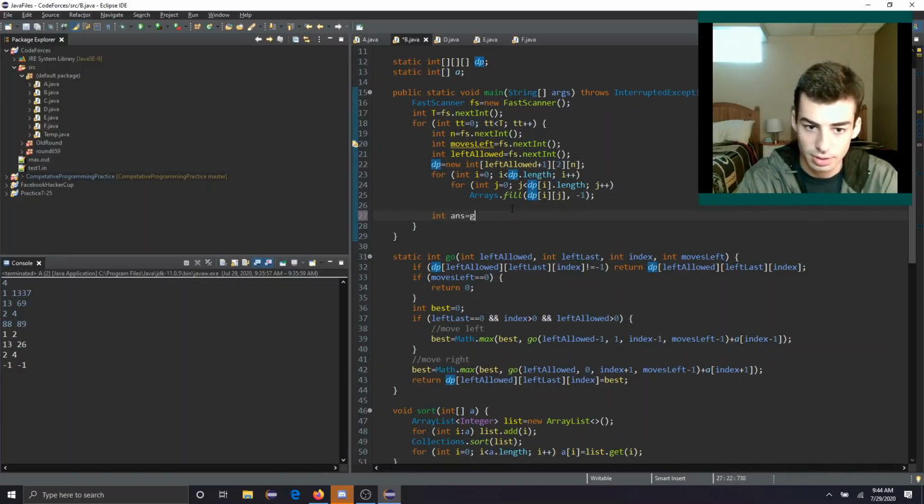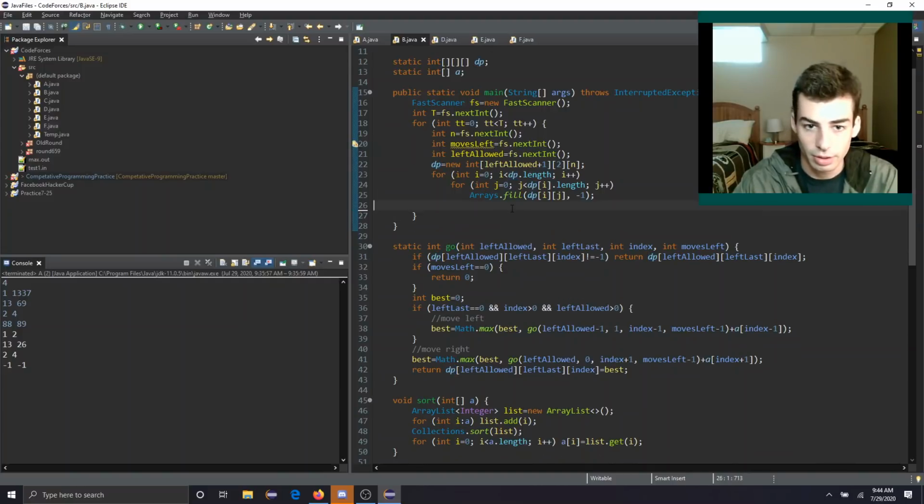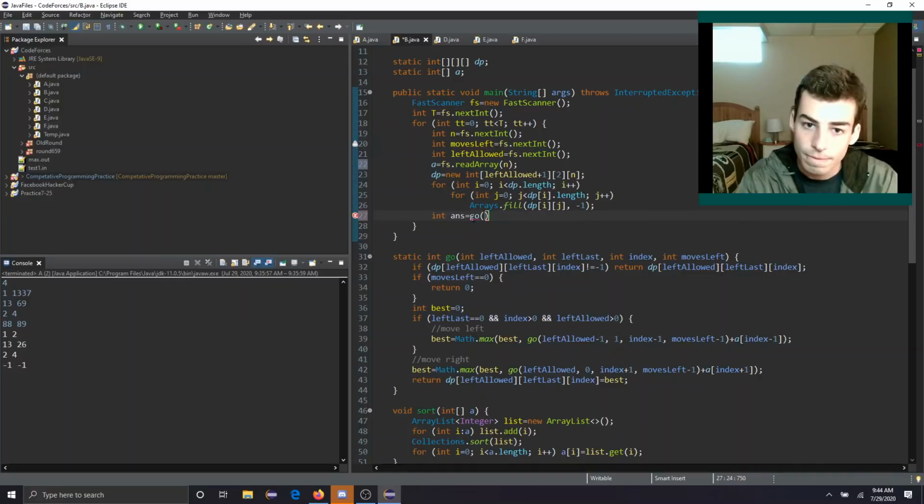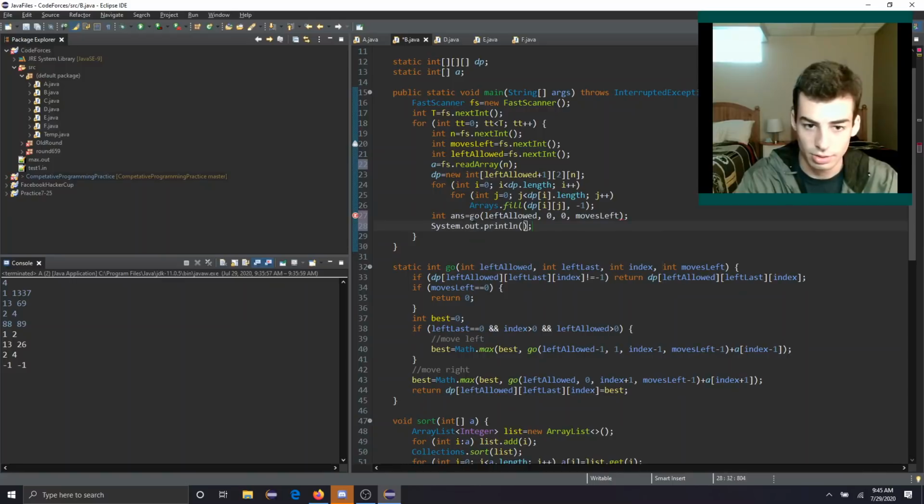Okay, so now int ans equals go. Oh, we need to route in the array. Int ans equals go from left allowed. We had not moved left in the beginning. Well, actually, we could say we did move left, but that shouldn't matter. Index 0, and we have moves left. That's our answer.